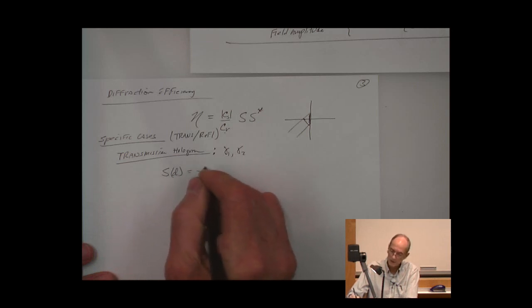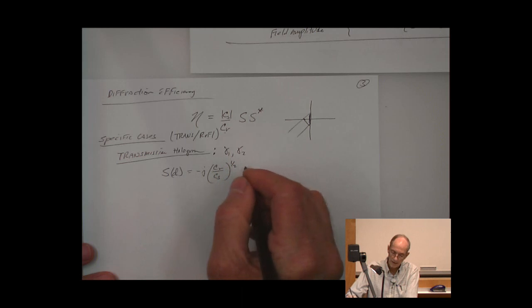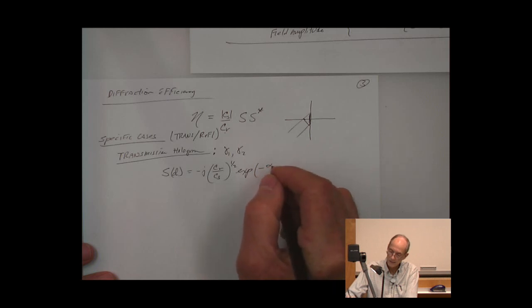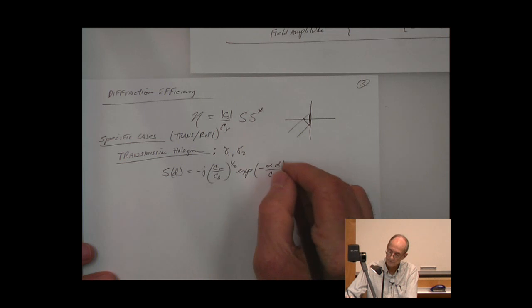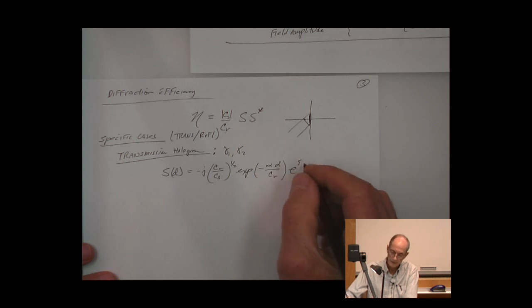We can write this as minus j times the square root of C sub R over C sub S, times an exponential of minus alpha, where alpha is the average absorption, times d over C sub R. And then we have another exponential, e to the chi, which I'll define in a minute.